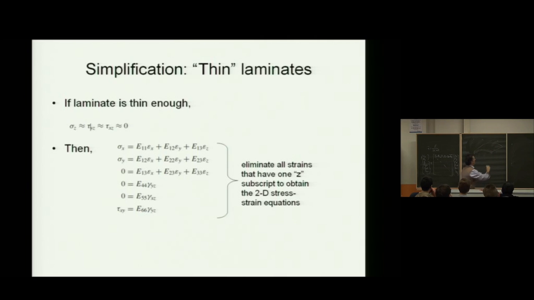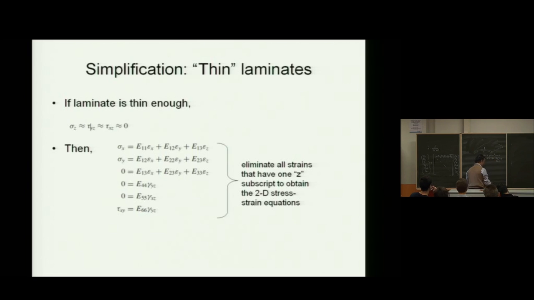Therefore, I can assume to a first order that through this thickness here, there is no variation in stresses, out of plane stresses, sigma z, tau yz, and tau xz.